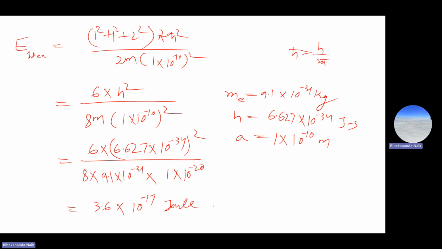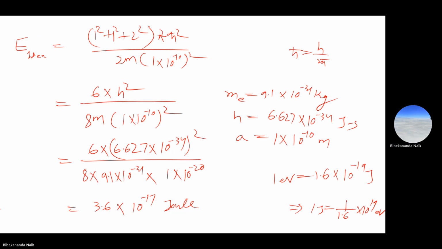And we know 1 electron volt is 1.6 into 10 to the power minus 19 joule. So 1 joule will be 1 by 1.6 into 10 to the power 19 electron volt.